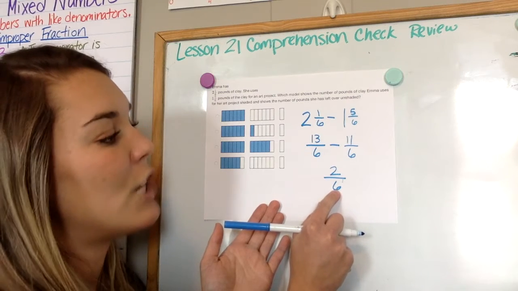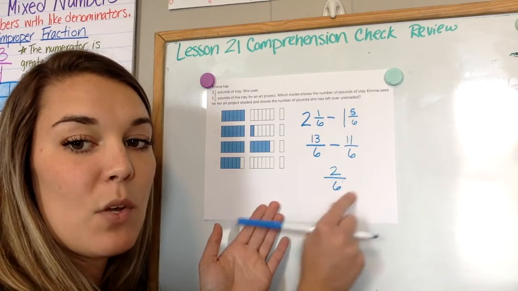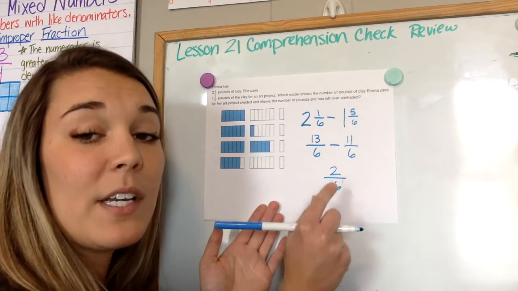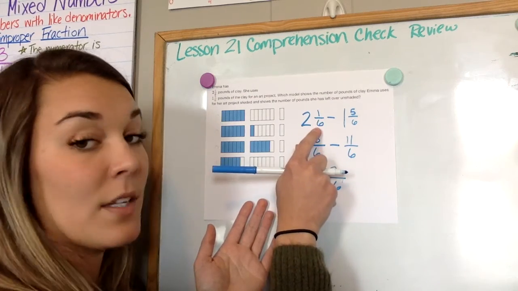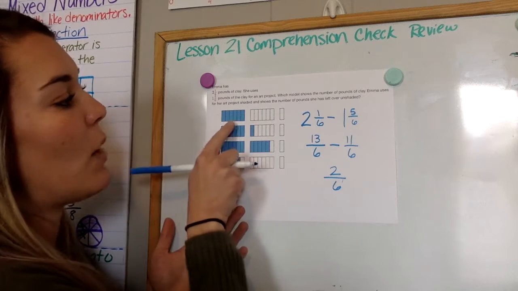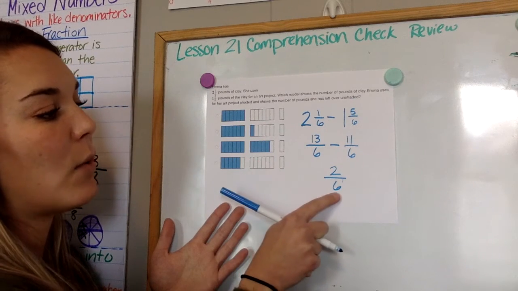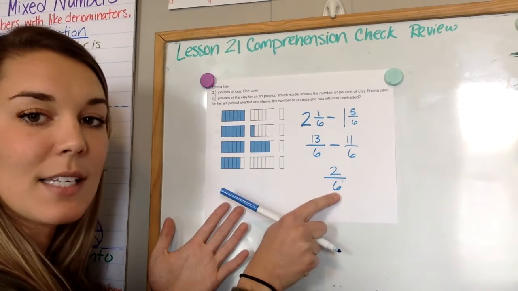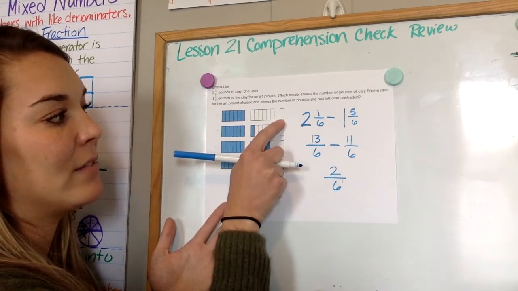It says what she has left over should be unshaded. So this should be white. What we need to start with is something that has 2 1/6. Okay? All of these models do have 2 wholes with 1/6, right? So I need to now look, what has 2/6 unshaded? Not this one, that's 7.